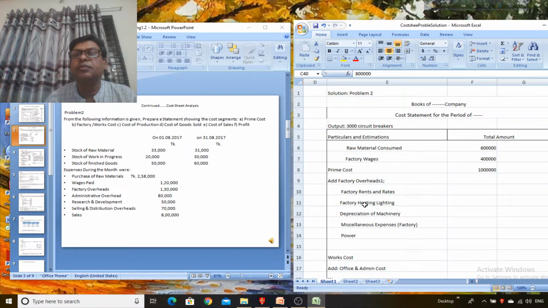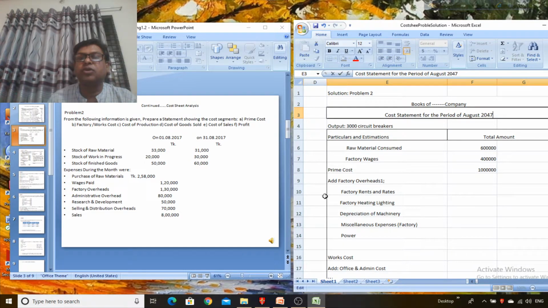Books of the company, cost estimate for the period of, I don't know, the period is not given, yes, August 1st, 2017.